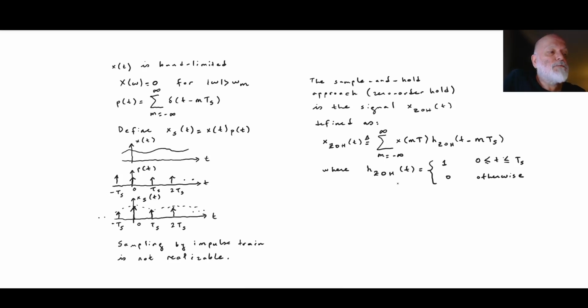So in other words, we are representing the signal x ZOH of t as shifted replicas of the rectangular pulse multiplied by the weights, which are just the samples of the original signal x of t.